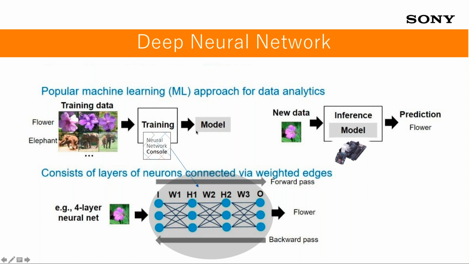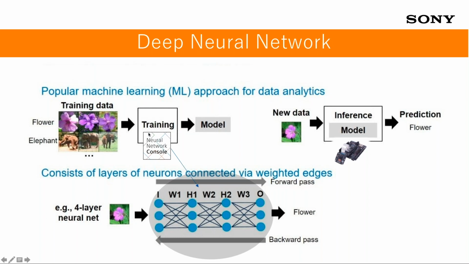At the end, this tool will generate a model for you. This model eventually should go on a microcontroller like Spresense. When you put this model on the Spresense, it means you have an engine which is smart, and it can recognize if this is a flower or an elephant. So when you feed it new data, such as a flower here, Spresense uses this model, does the inference, and tells you this is a flower. These are the two steps that you see up here.